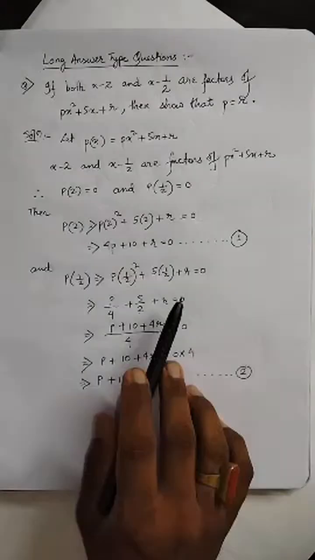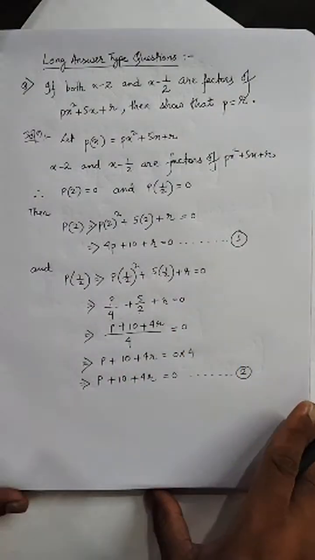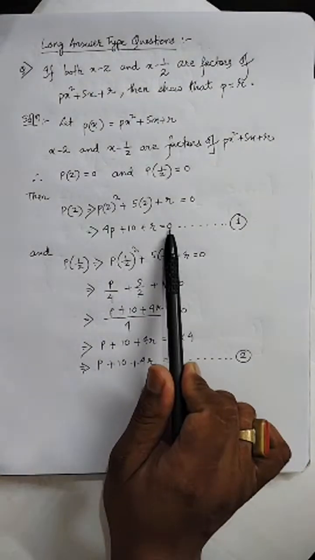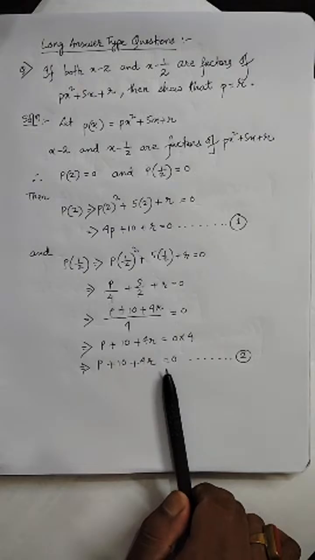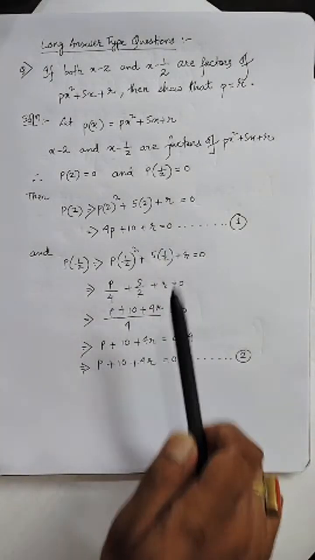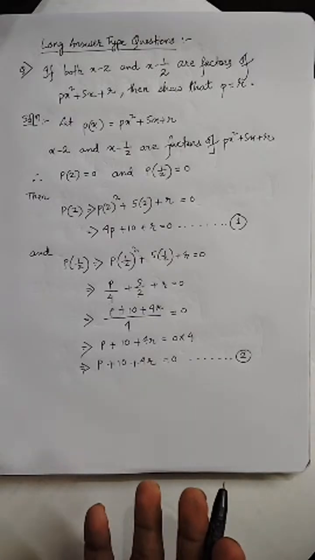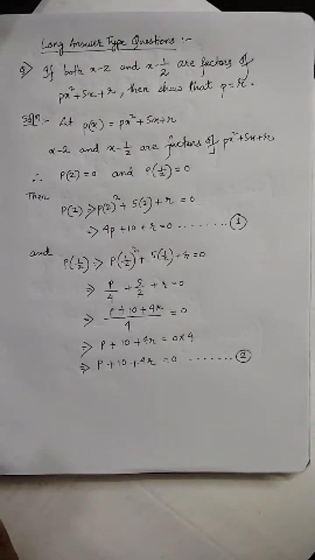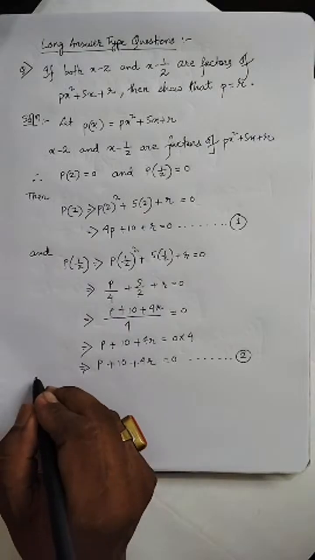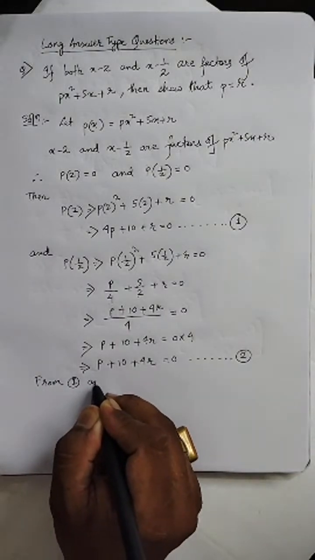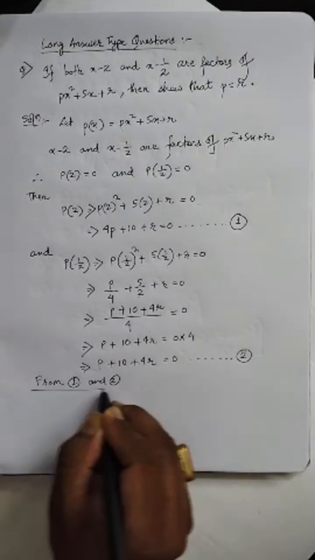So let's have a look at both the equations. Right hand side of both the equations are 0. So that means if the right hand side is equal to 0, left hand side will automatically become equal to 0. So we'll write from equation 1 and 2.